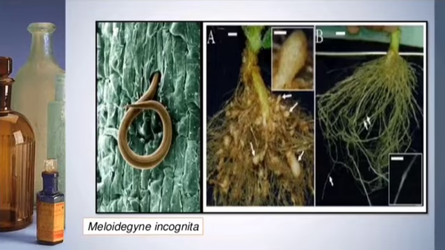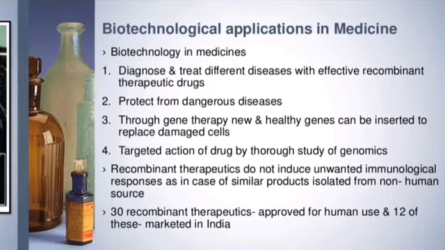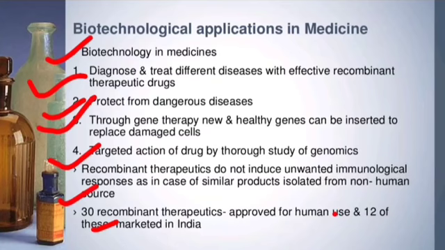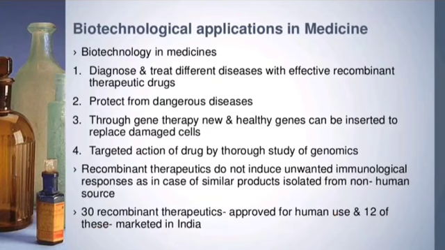Next, this is the picture, and the next topic is application of biotechnology in medicine. Biotechnology in medicine is used to diagnose and treat different diseases with effective recombinant therapeutic drugs. This is the first point. It protects from dangerous diseases, and through gene therapy new and healthy genes can be inserted to replace damaged cells.